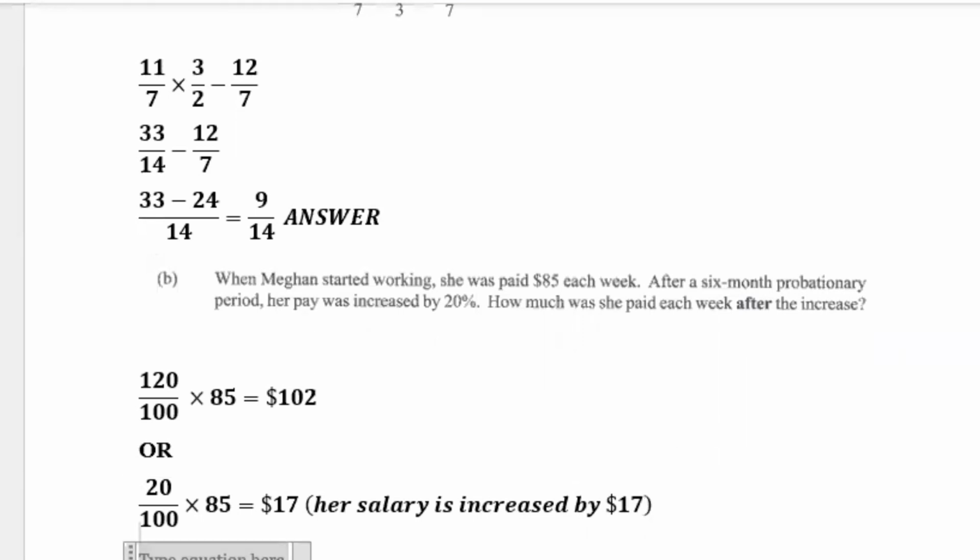So therefore, her new salary would be $85 plus $17, and when you do that, you will get the $102. So any way that you choose to work it, your answer would still be the same.